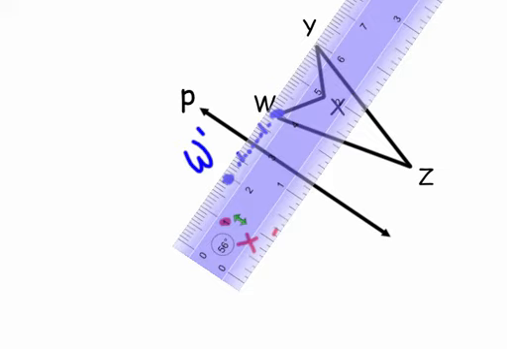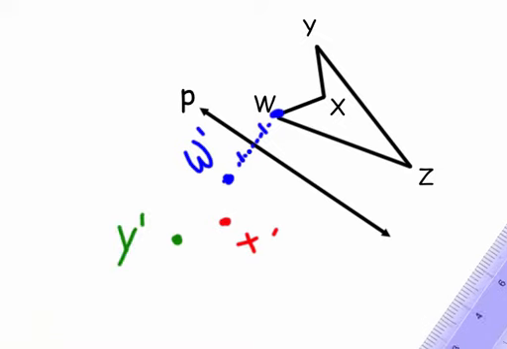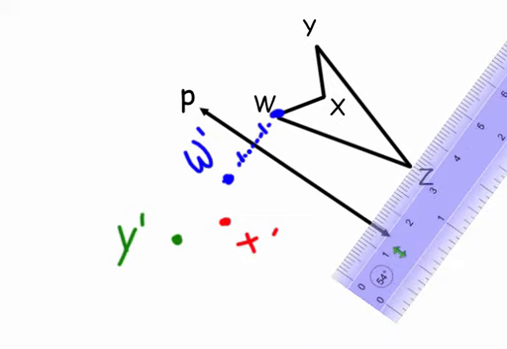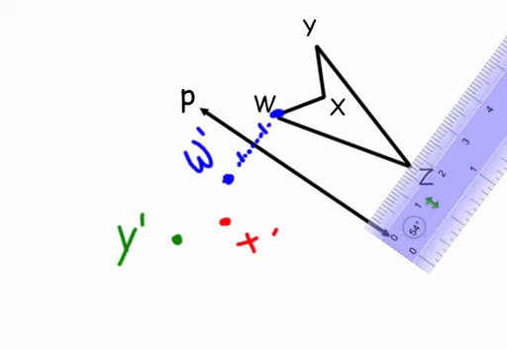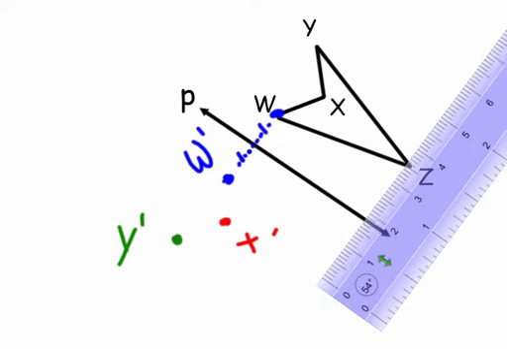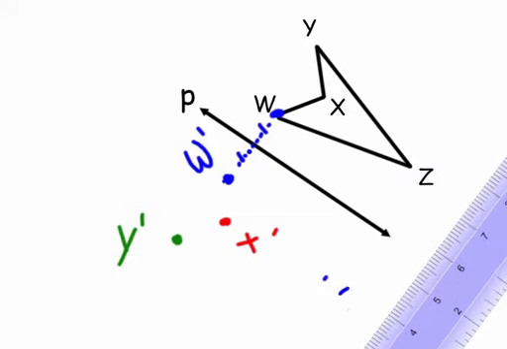Okay, so Y is about out here. It doesn't have to be perfect, but do the best you can. That's Y prime. And then if I reflect Z, making it about perpendicular, Z is a little over 1.5. About right there, so that would be Z prime.